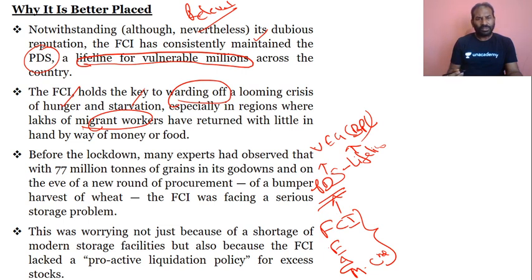They wanted to get to their respective states and villages, and they were in need of money and food also. And FCI has definitely been a lifeline for the vulnerable people through the PDS system, and they have supplied this as a public sector undertaking.